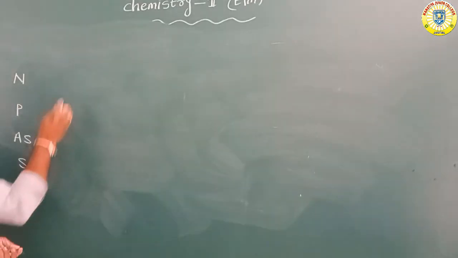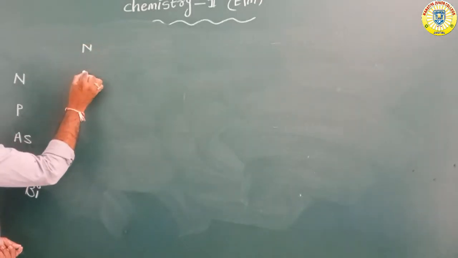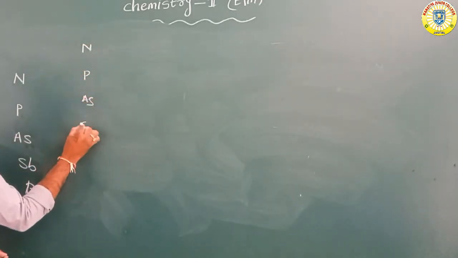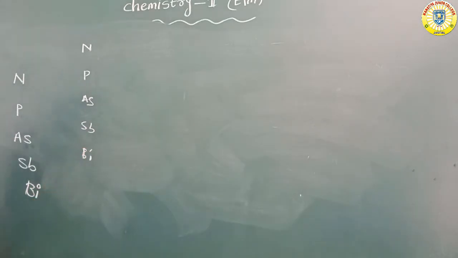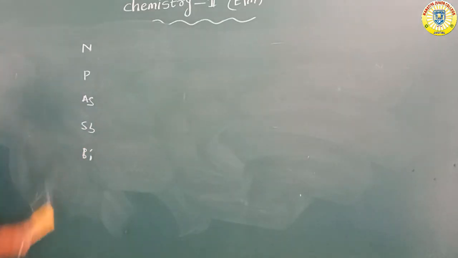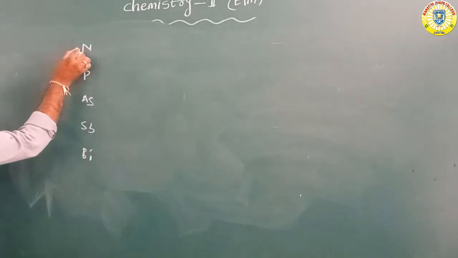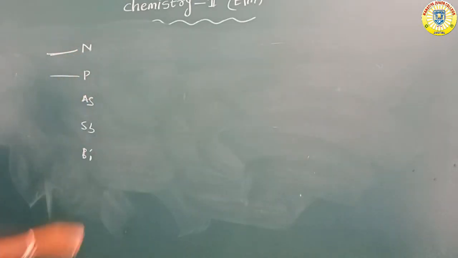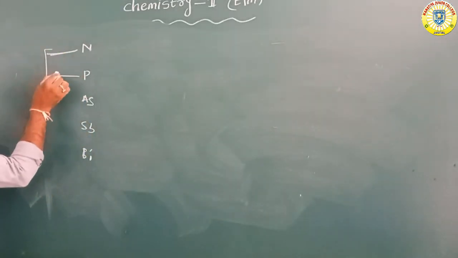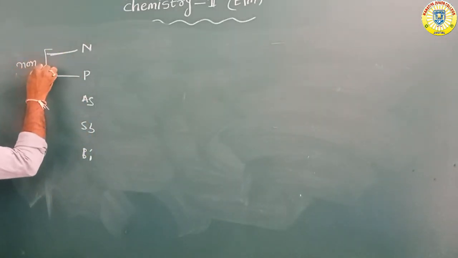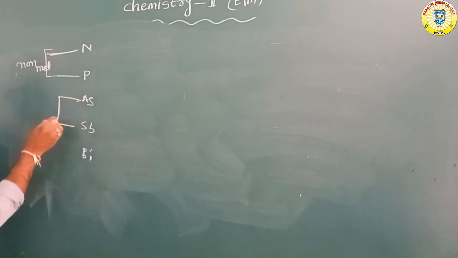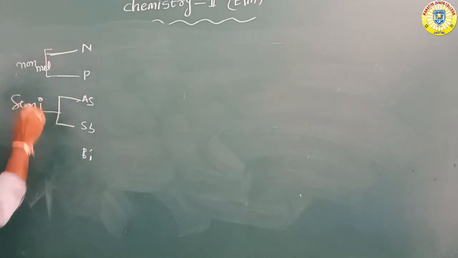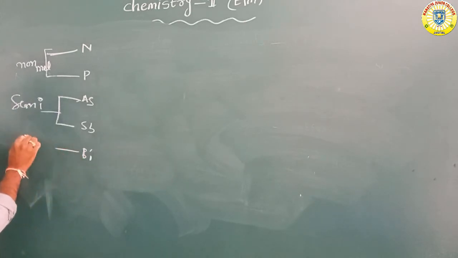So overall, in this group, nitrogen and phosphorus are non-metals. Arsenic and antimony are semi-metals. Bismuth is a metal.